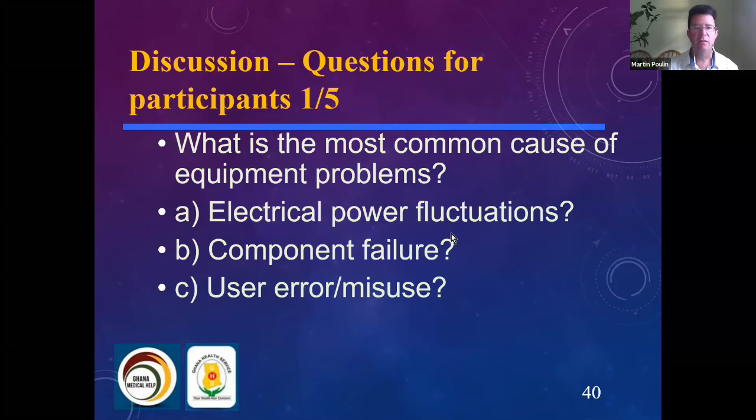Is it A, electrical power fluctuations, B, component failure, or C, user error or misuse? So think about that, and if you can try to note in the chat window your answer to question 1 is either A, B, or C, that would be great.